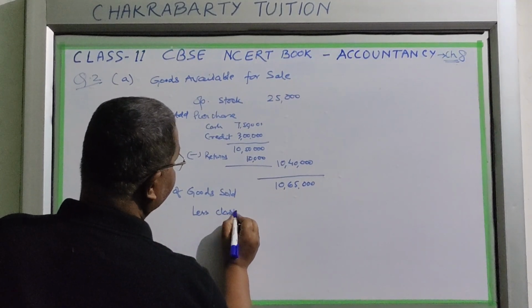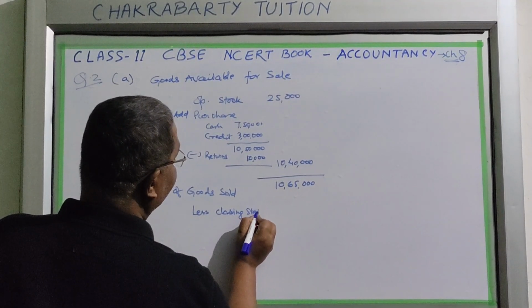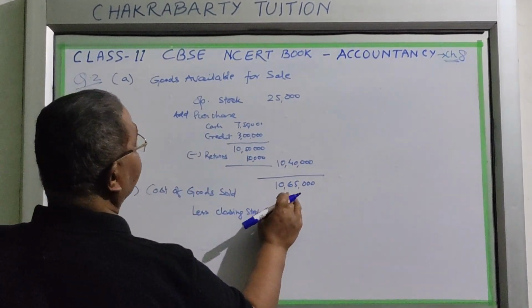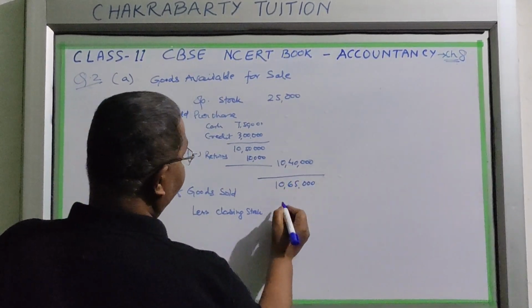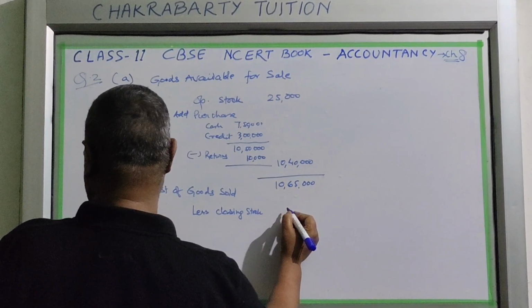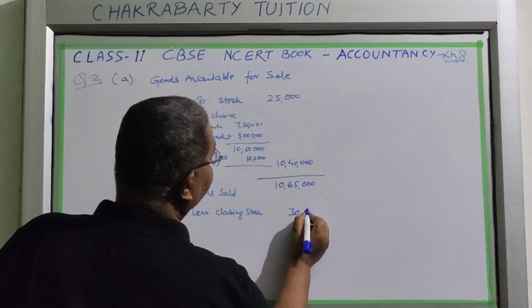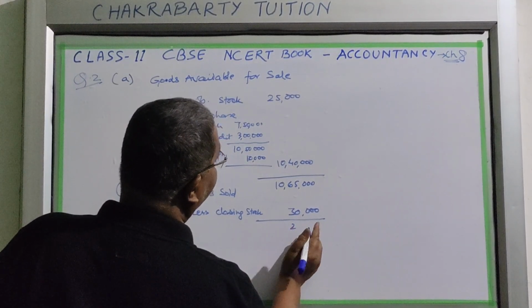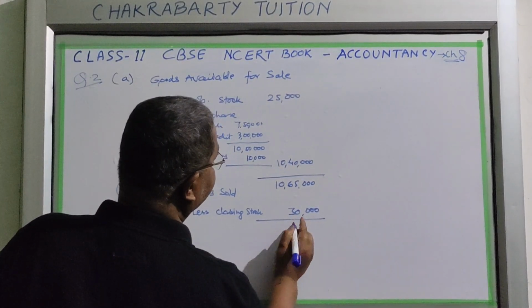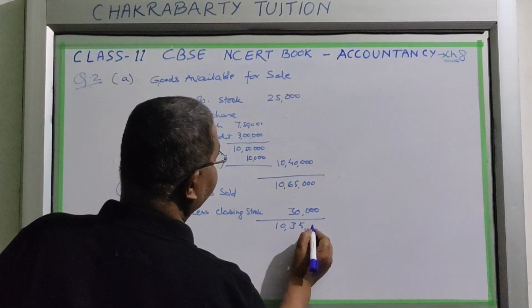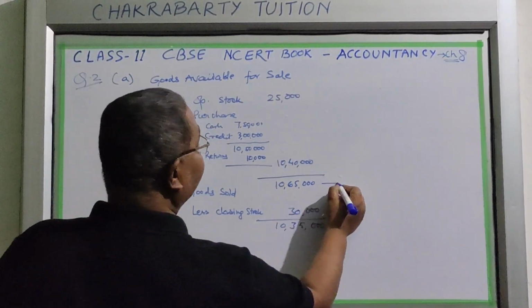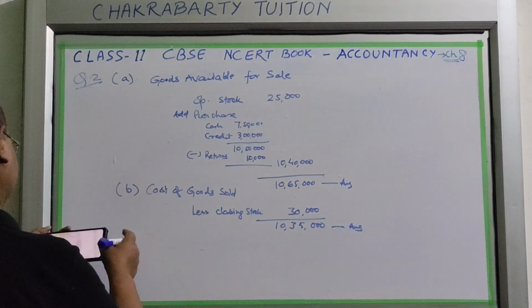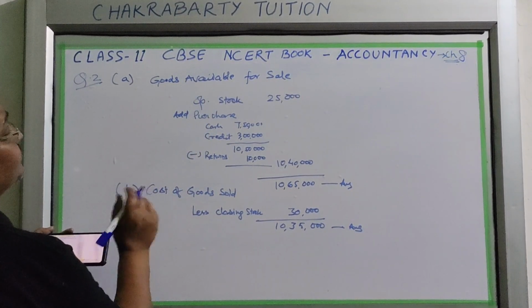Closing stock means the stock which was not sold, so it should not come here. Your closing stock is 30,000, so this 30,000 we will reduce. So this is one answer, and this is your second answer: 10,35,000.